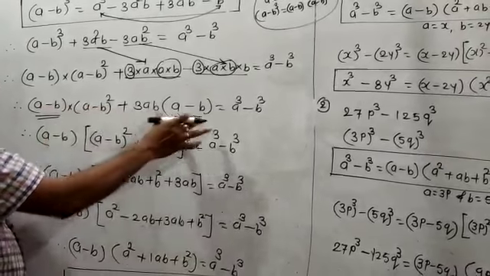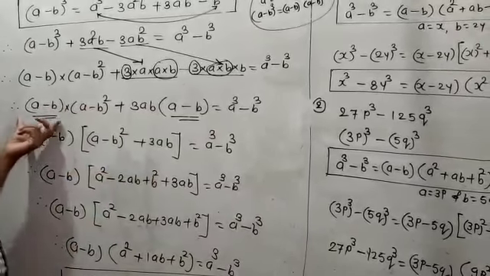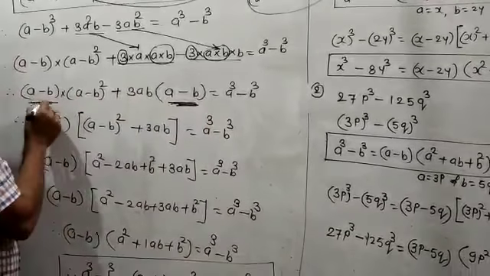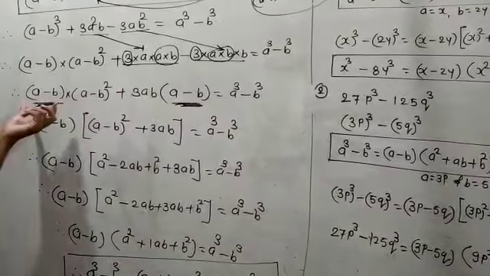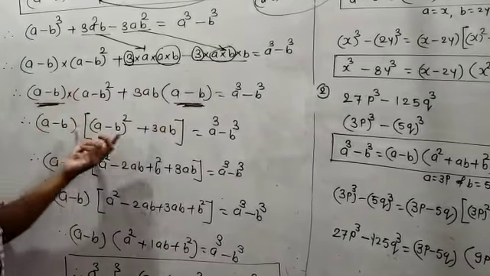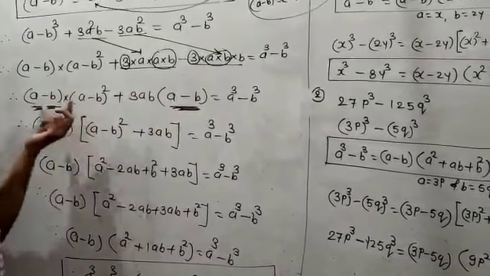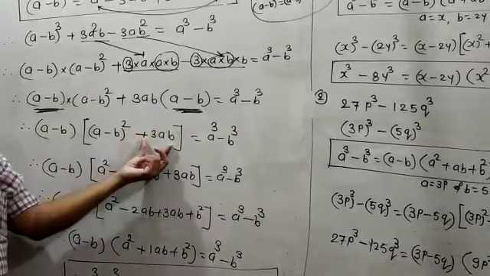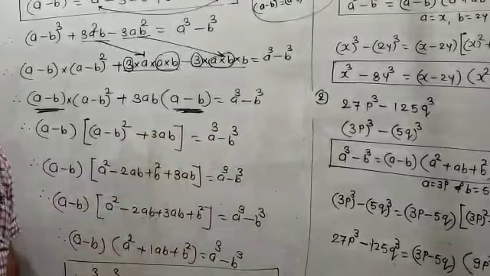This one is one term and this one is another term. Within these two terms, this term is common. At that time you have to take out a minus b common. Whatever terms remain you have to write in square bracket. What remains is a minus b bracket square, and 3ab remains, that you have to write as it is, equal to a cube minus b cube.